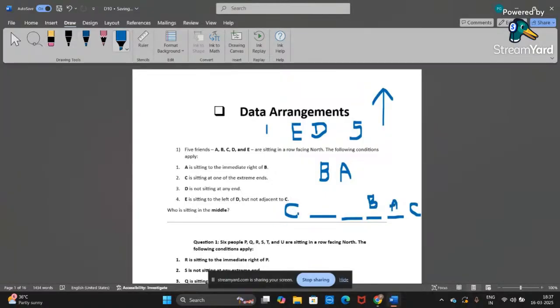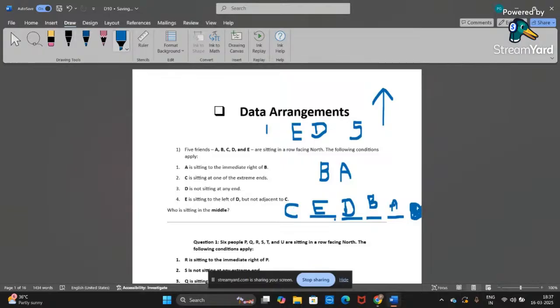It may be at this end or this end. But the statement is E is sitting to the left of D, but not adjacent to C. So now these are the conditions, right?